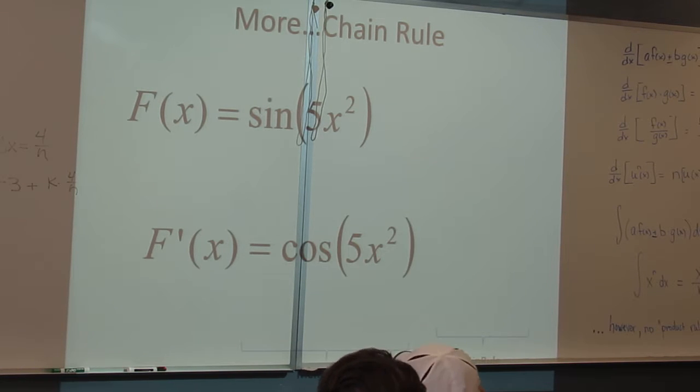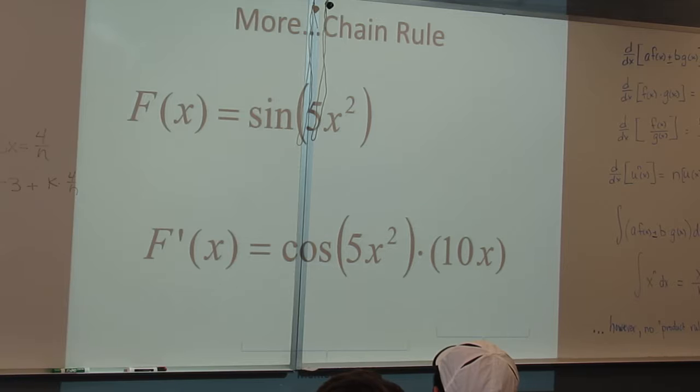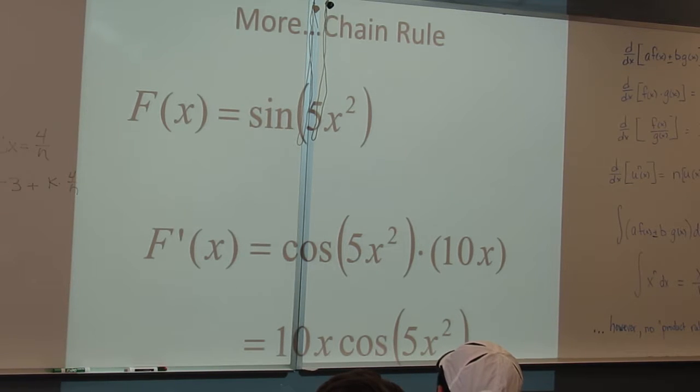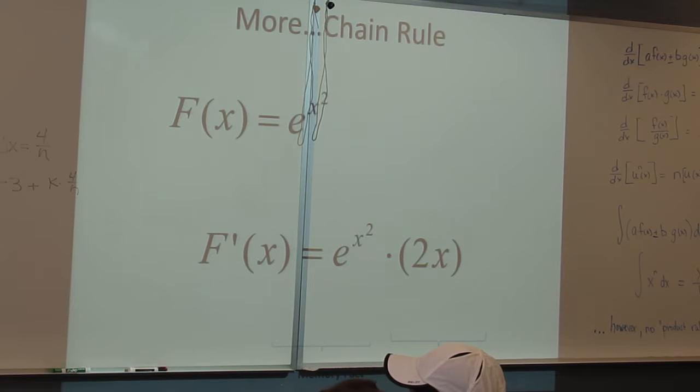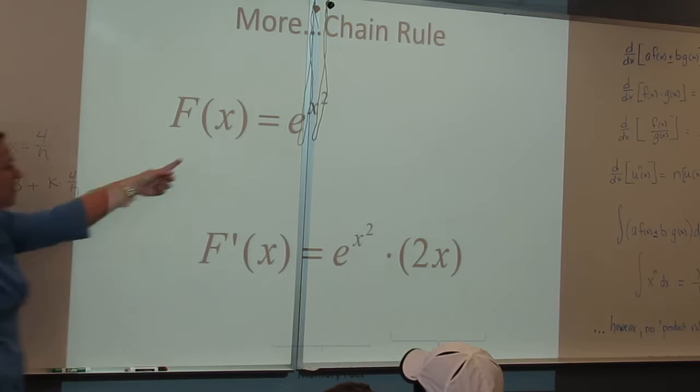Cosine of 5x squared times 10x. And then politely we pull the 10 and the x out front. What's the innermost function? I'm kind of stuck on quadratics, yeah, 5x squared. And its derivative is sitting out to the side as a factor. E to the x squared, is it? So the derivative is almost itself.